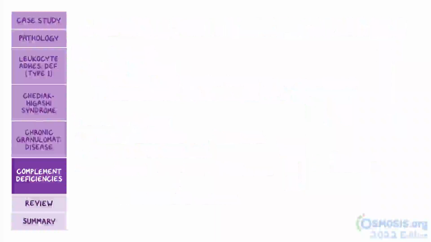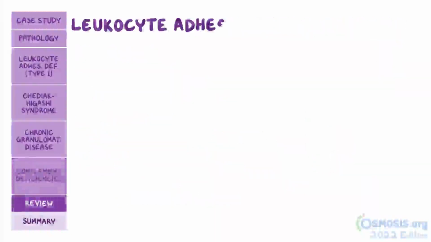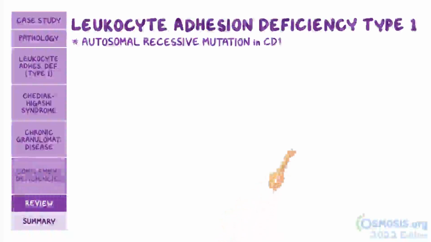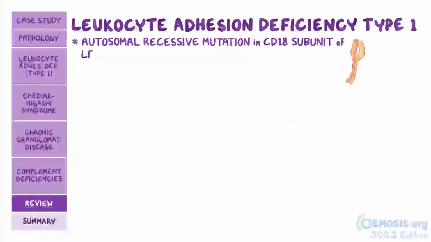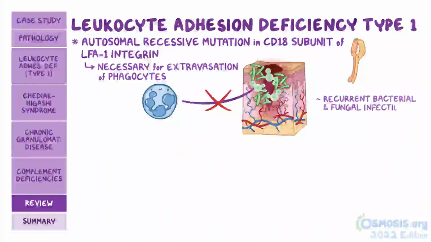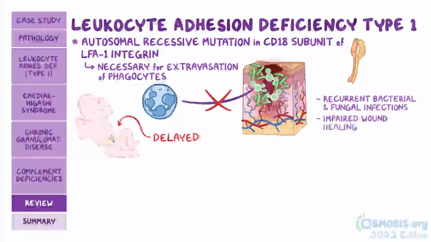Alright, as a quick recap, leukocyte adhesion deficiency type 1 is caused by an autosomal recessive mutation in the CD18 subunit of the LFA1 integrin, which is necessary for extravasation of phagocytes. This results in recurrent bacterial and fungal infections of the skin and mucosal membranes, impaired wound healing, and delayed separation of the umbilical cord.